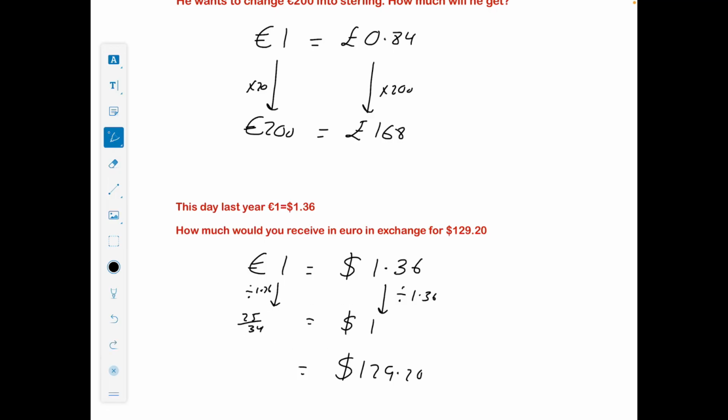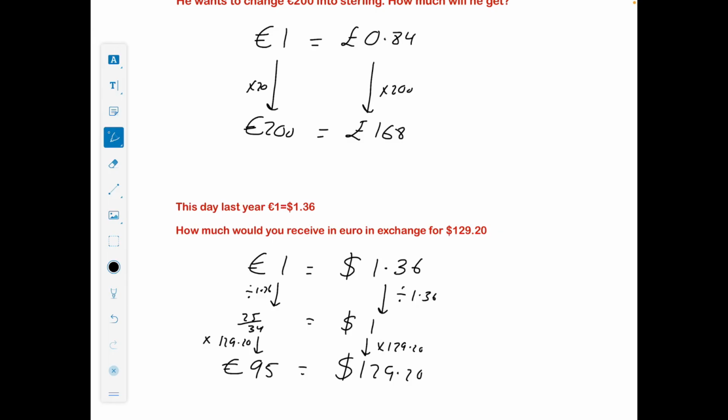Now, this looks really messy, but my last calculation is going to be super easy. How do I go from 1 to 129.20? You'd multiply by 129.20. So we're going to do the same thing here. I'm going to multiply that fraction by 129.20 to get out 95. So €95 will give you $129.20.